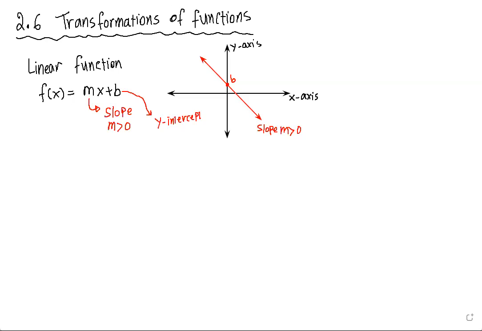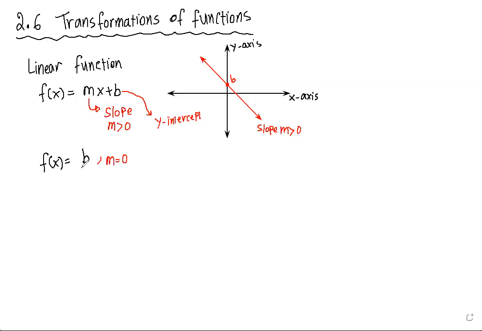Suppose I have another function, f of x equals b, since the slope is 0, since here m is equal to 0. So this is a special case of the linear function.